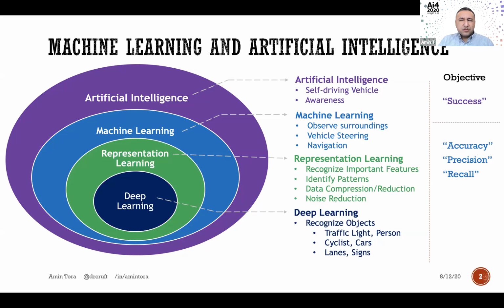That's the representational learning area. And then within deep learning, we have neural networks that recognize objects and solve other problems as well, able to detect traffic lights, people, cyclists. So that's the general idea there to get you started.